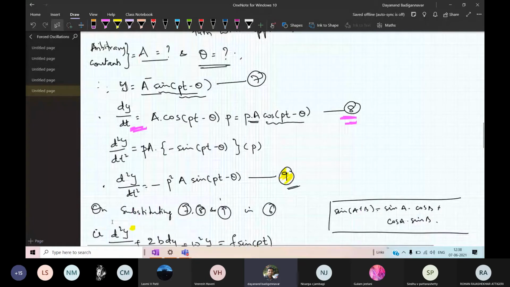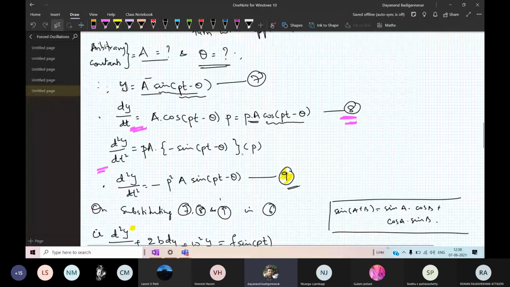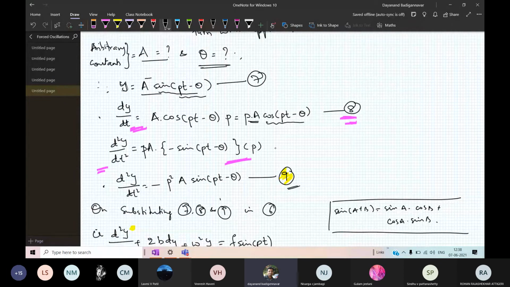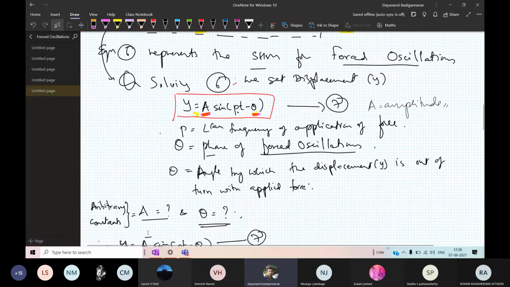I have done the calculation for both dy by dt and d2y by dt square, and I have substituted equations 7, 8 and 9 in equation 6, that is the SHM equation.